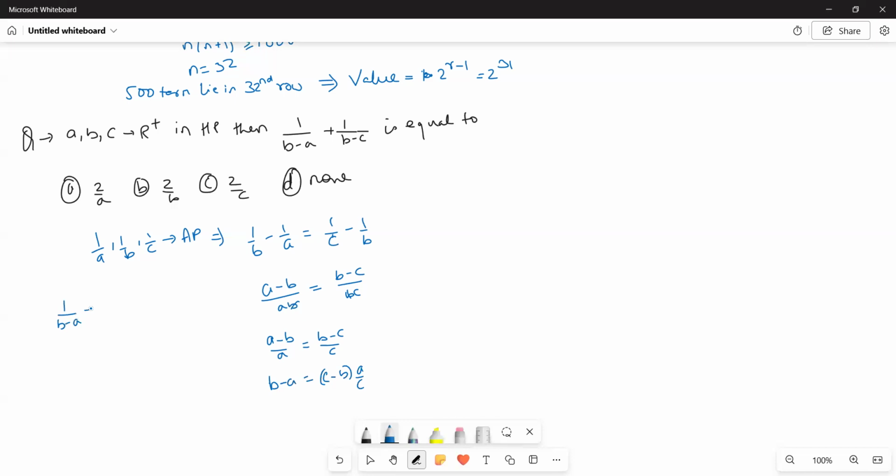So 1 by B minus A plus 1 by B minus C. So this would be B minus A की जगह पे आ जाएगा C by C minus B into A plus 1 by B minus C, which is like writing B minus C times A, with A यहाँ पे आ जाएगा minus C और यहाँ पे आ जाएगा plus A. So that's A minus C by B minus C times A. अब A minus C by B minus C का वैल्यू चाहिए.